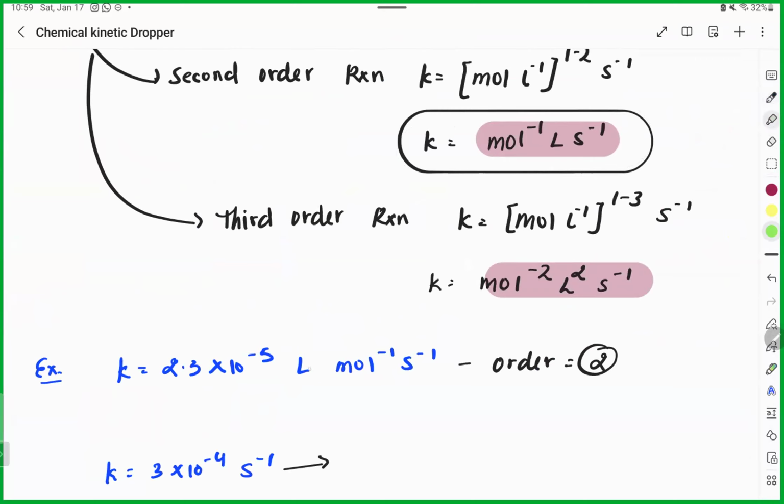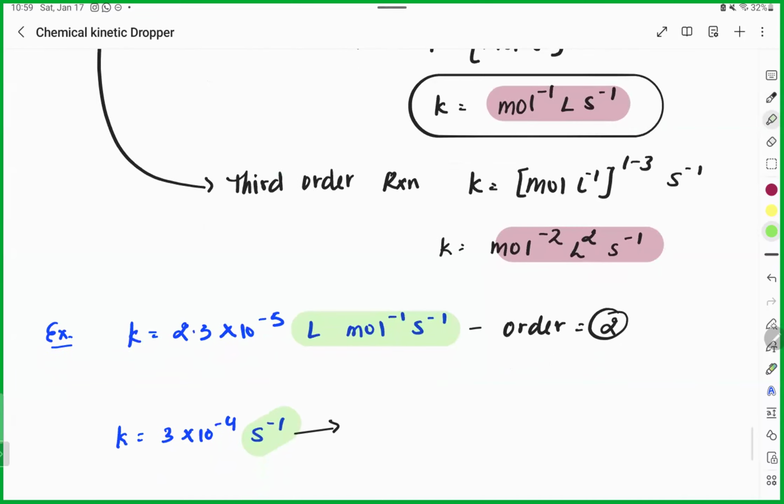Remember, we are bothered about the unit, not the number. Unit matters.